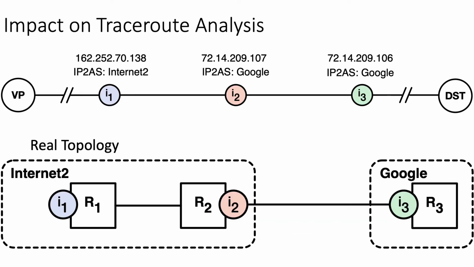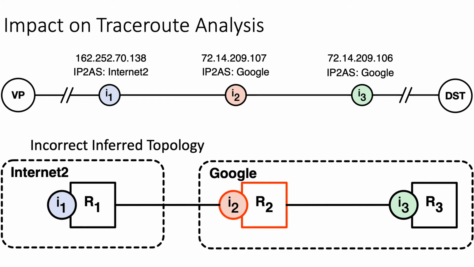And this unexpected behavior has a negative impact on different topology analyses because it violates normal traceroute assumptions. Here, I'll show the impact on AS operator inferences using the bdrmapIT tool. At the top is a traceroute through Internet2's commercial peering L3 VPN that revealed an interconnection between Internet2 and Google. The real topology, which I confirmed with Internet2 routing configurations, is that the interface I2 is an outbound address on the Internet2 router R2.